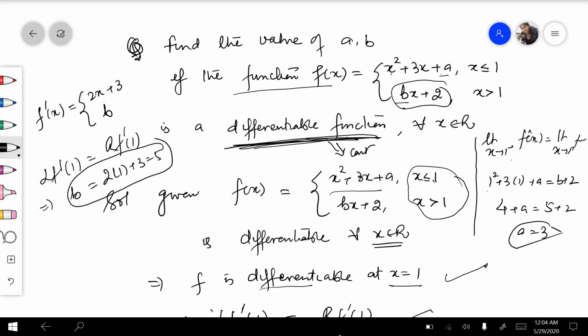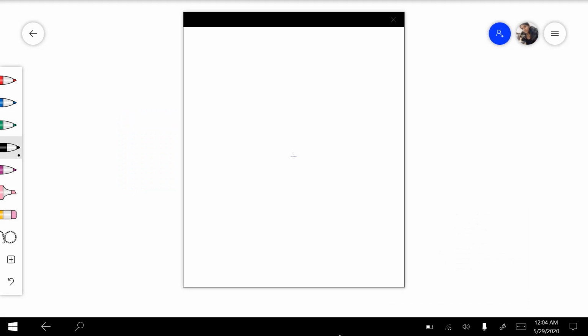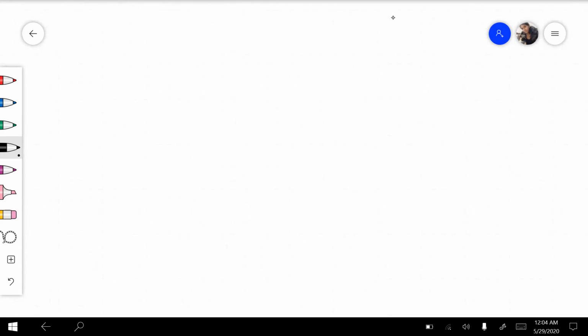Another thing which is very important to this one and we have to use afterwards also, this is the algebra of derivatives.